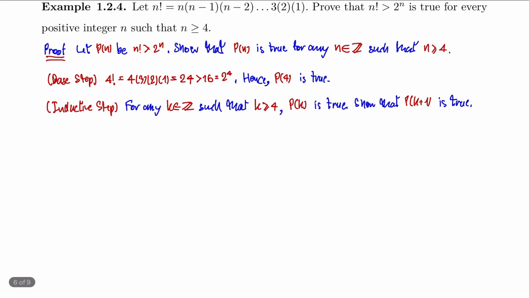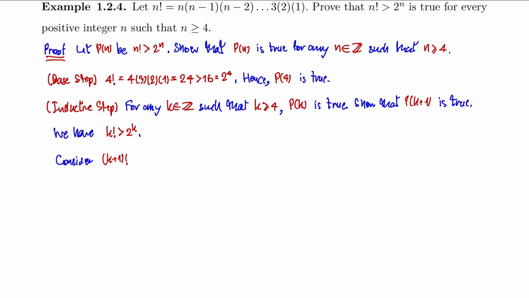All right. Now, what do we have? From the assumption, we have k factorial greater than 2 to the k. Okay? And then we have to consider this. So we consider k plus 1 factorial.